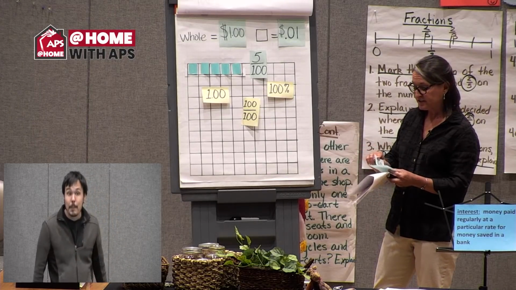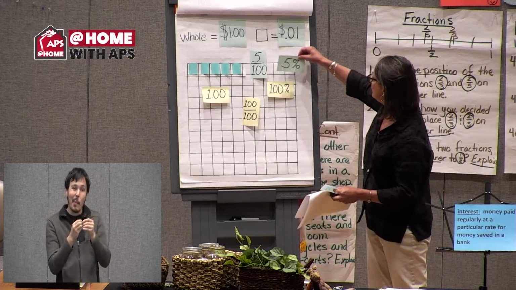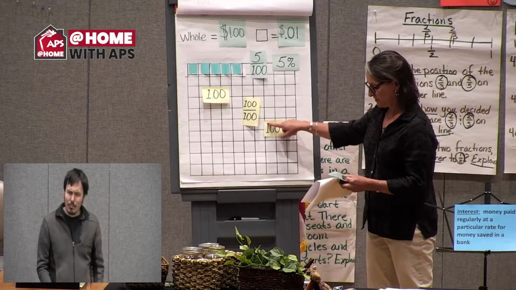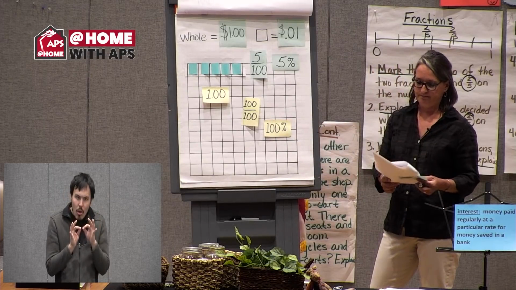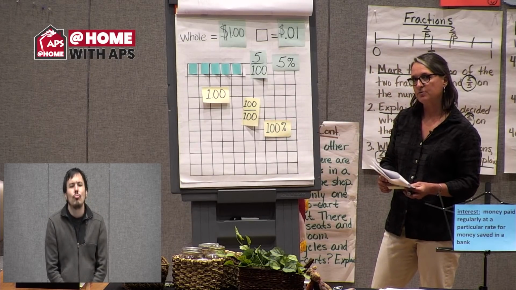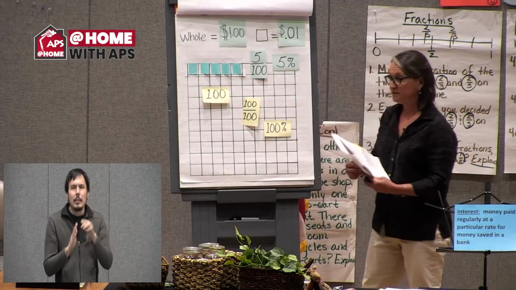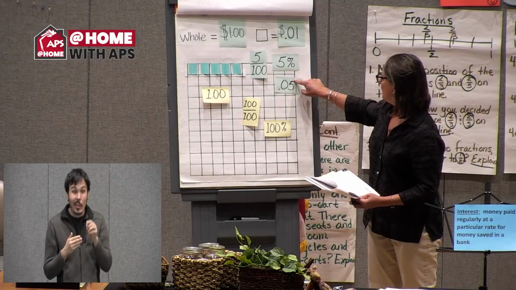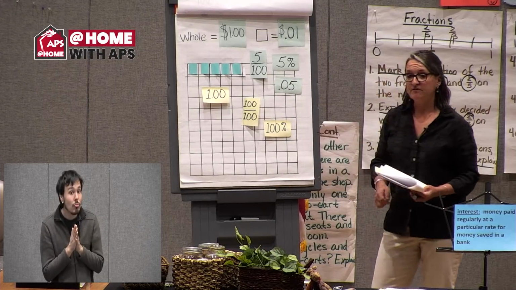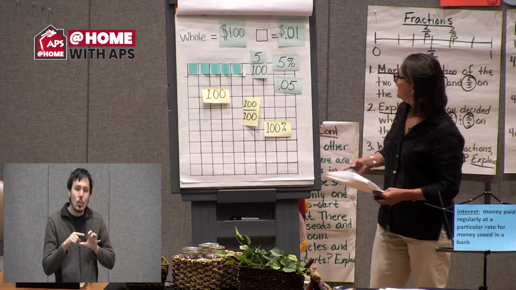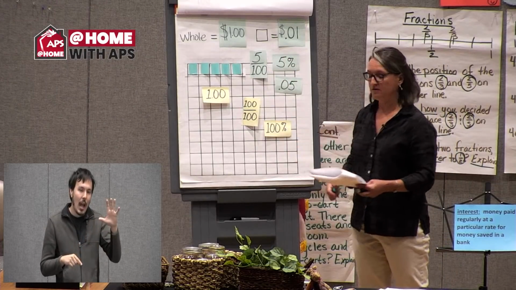A certain number of units out of 100. It's 5%. But how much is it worth? Well, if each square is worth 1 penny, then 5% of our dollar is worth 5/100ths, or 5 cents, right? 5 cents is 5% of our dollar.